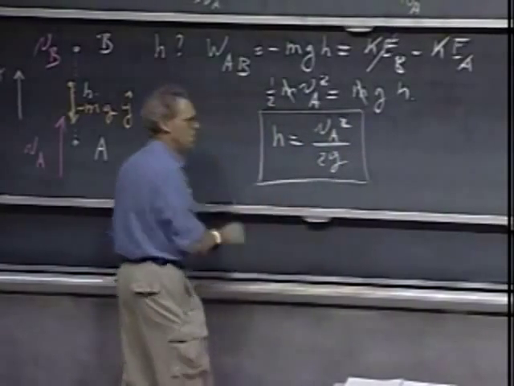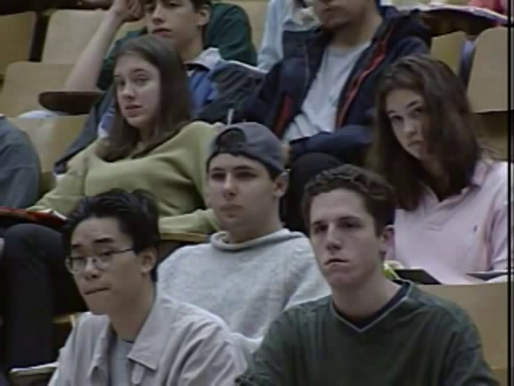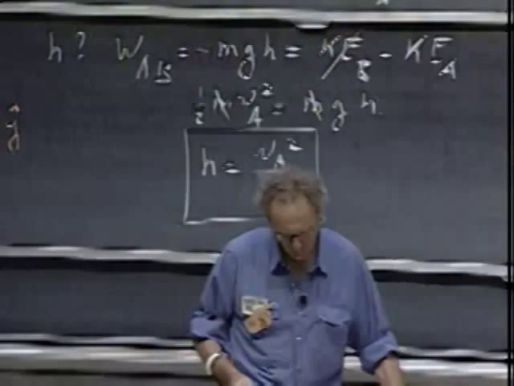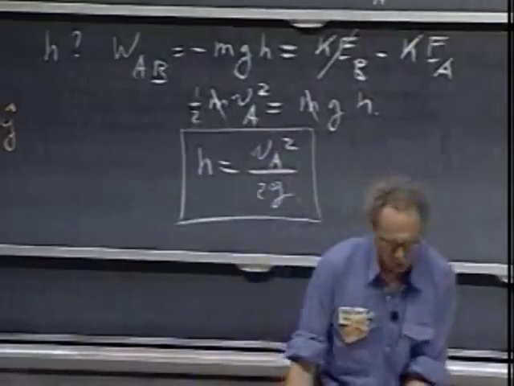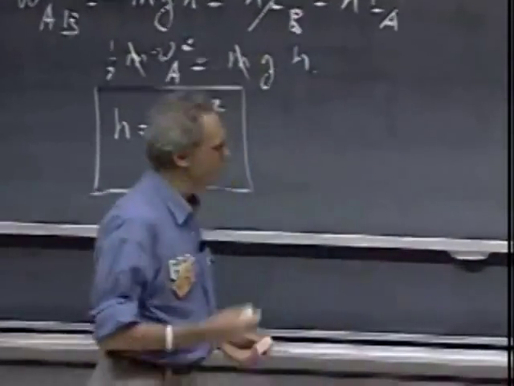And this is something we have seen before. It was easy for us to derive it in the past, but now we've done it purely based on energy considerations. I'd like to do a second example.